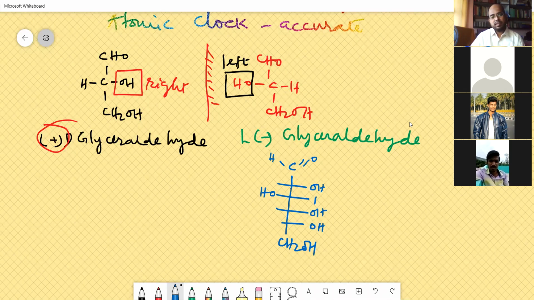Here I'll have H, H, H, H. Okay. Now, if you ask me what type of glucose is this, I'll just take the carbon atom that is next to CH2OH. Here also I am just taking this as 1 and this as 2. Second carbon atom, OH on the right side.